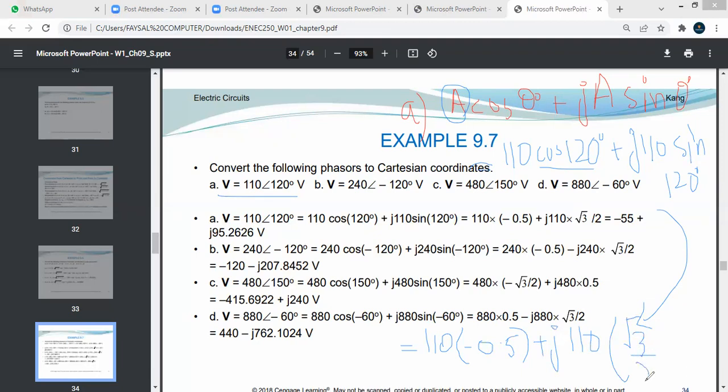Then I have to multiply. Multiplying 110 with minus 0.5, the answer will be minus 55, plus j, multiplying 110 with root 3 upon 2, this value equals 95.26. This is the method to convert phasors to Cartesian components.